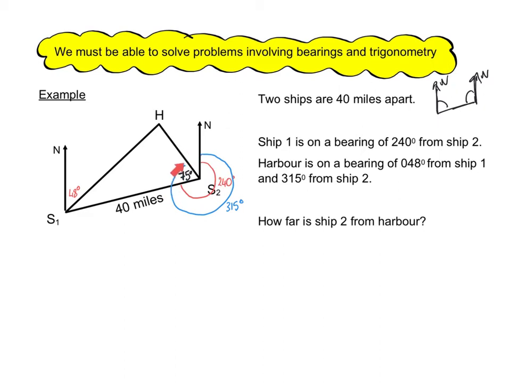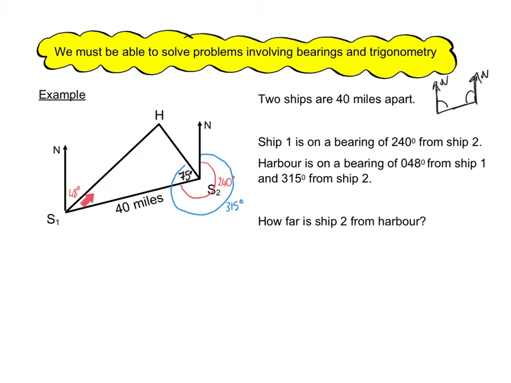So the angle from here to here will be 360 minus 240. Now 360 minus 240 is 120, which means this total angle here is 120 degrees. Now, if this is 120 and these angles must add to 180, that means that this must be a total of 60 degrees.